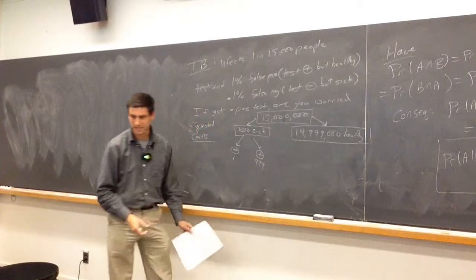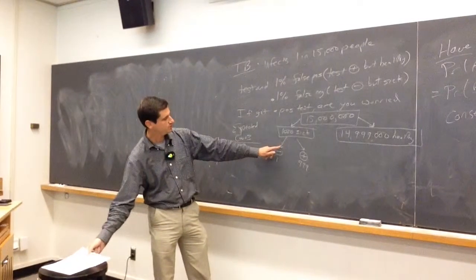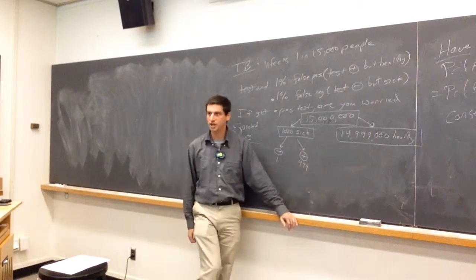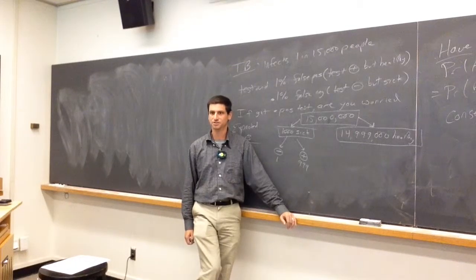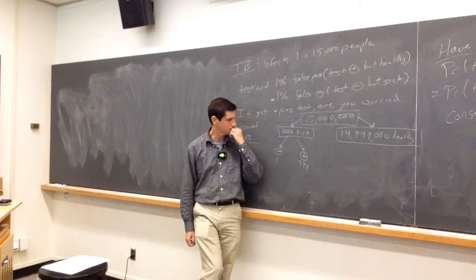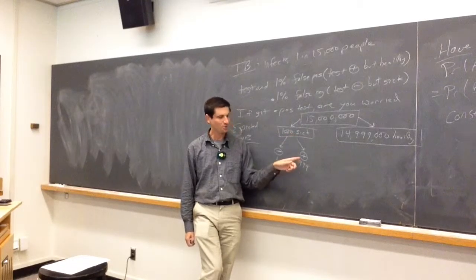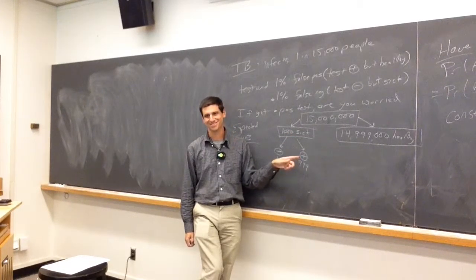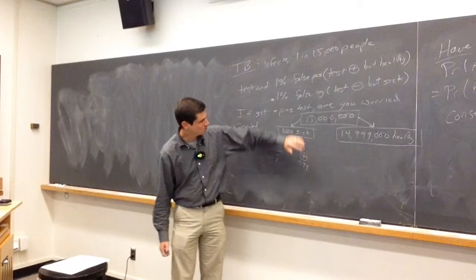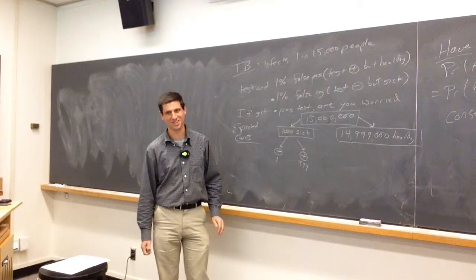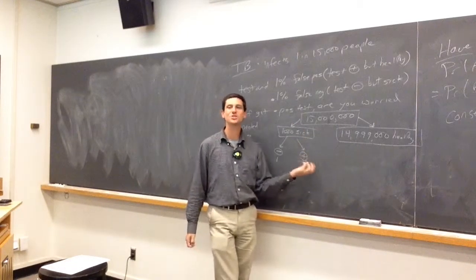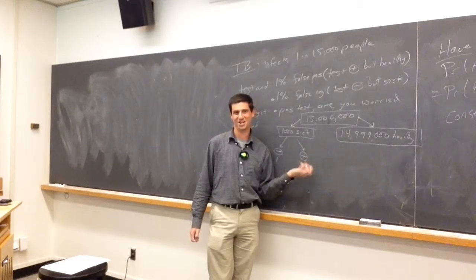So if you are sick and you get a positive result, odds are you're sick. Actually, I think the way I phrased it is even better. If you're sick and you get a positive result, what's the odds that you're sick? 1. So the question is, of course, we often don't know whether or not you're sick. So the question is, if we just know that there's a positive result, are you sick?